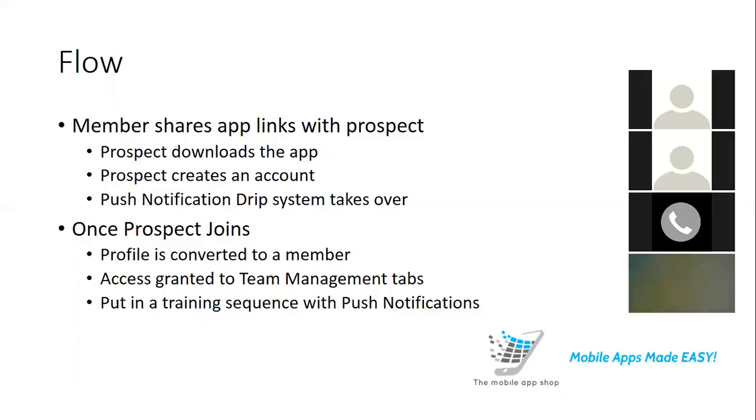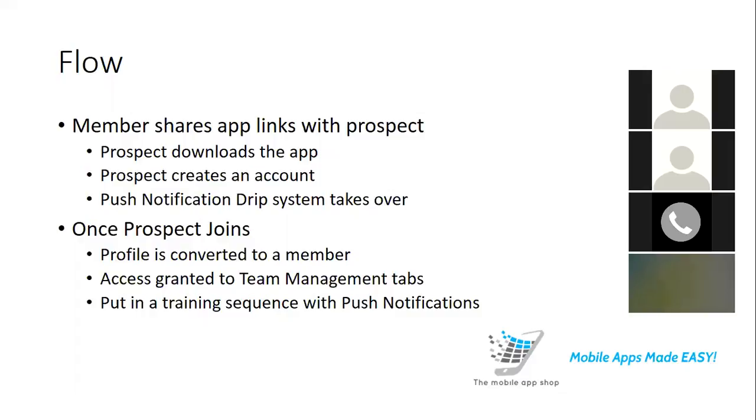Once they have an account created, they are now in the drip system, and the drip system takes over. The drip system can help them learn about your product or the opportunity. Mostly it's about the opportunity, because people are going to hunt around the product, but we configure it so the push notification drip system takes over and does the follow-up.